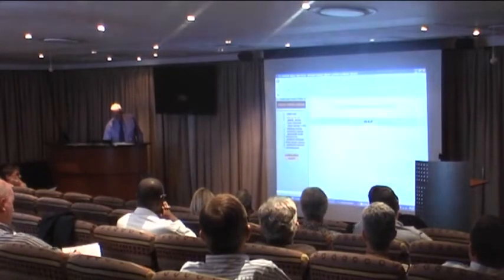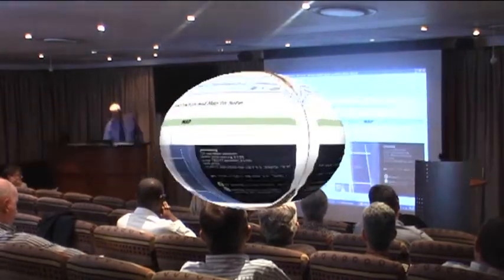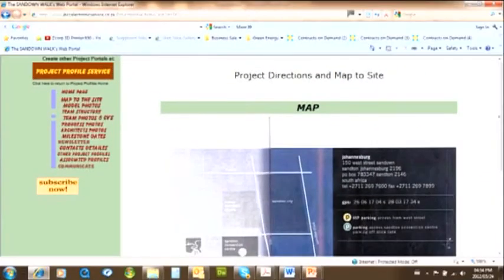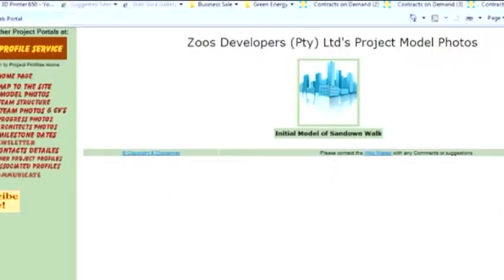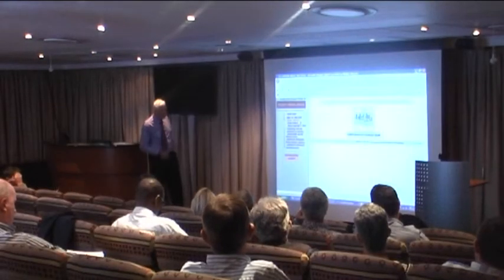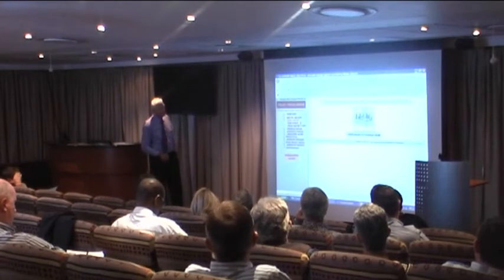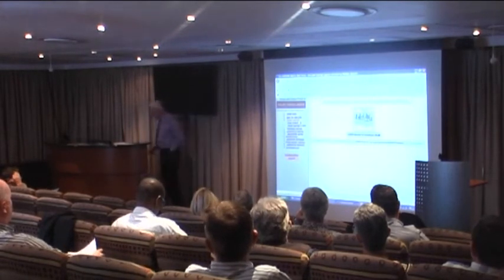Then we can go into a map of the project. We can previously feed in a map which gives you the physical location. We can put up photographs of the project, the model, if we want to, and however many photographs we want to put up.